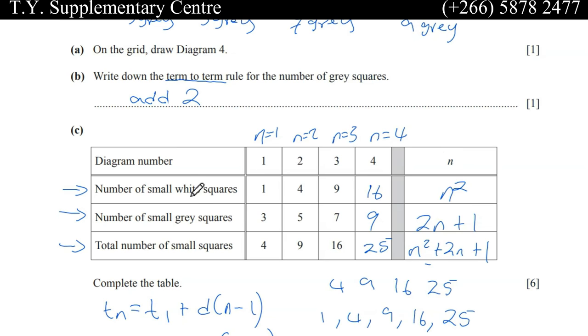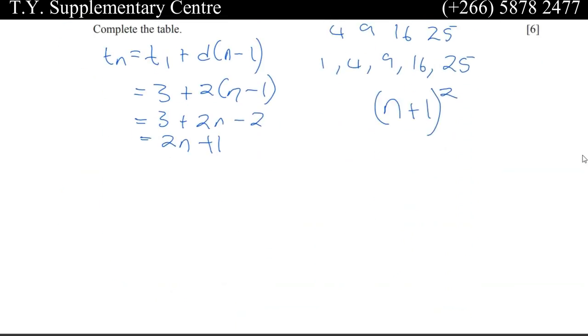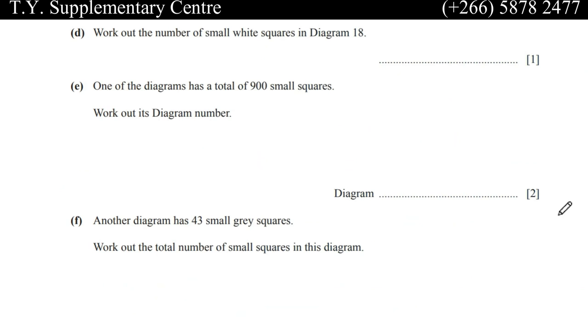If you want to find the number of small white squares in whatever diagram number, it could be the 5th, the 15th, the 27th diagram number, and so on, this is the formula that we'll use. You just take the diagram number and then you square it. So in this case, we have n as 18.